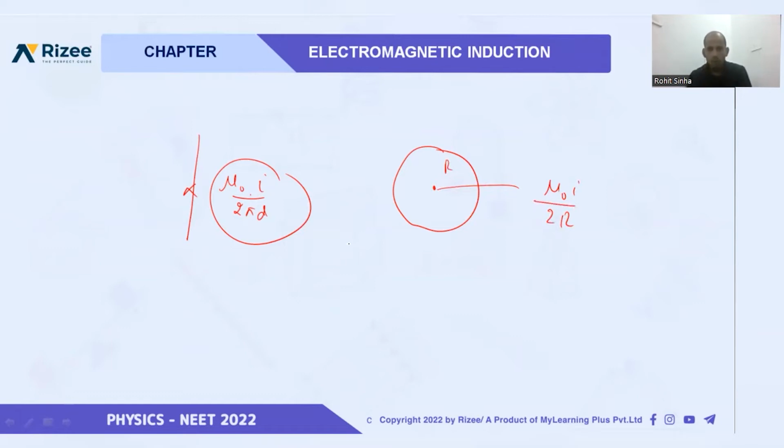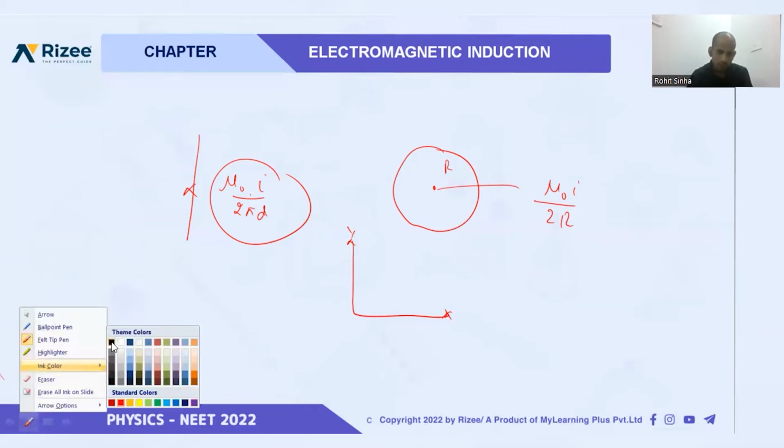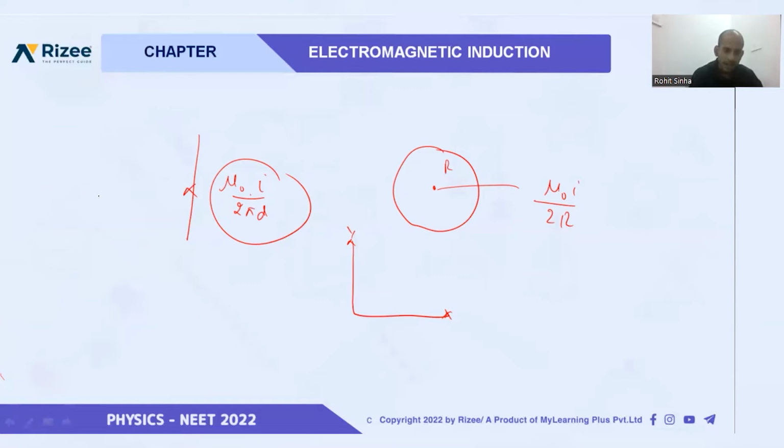So suppose we have a condition like this, x, y, and suppose one wire is given. You just remember one more thing. Suppose we have to find the magnetic field at any point here, at distance r from the wire. We can write B as mu naught I by 2 pi r.